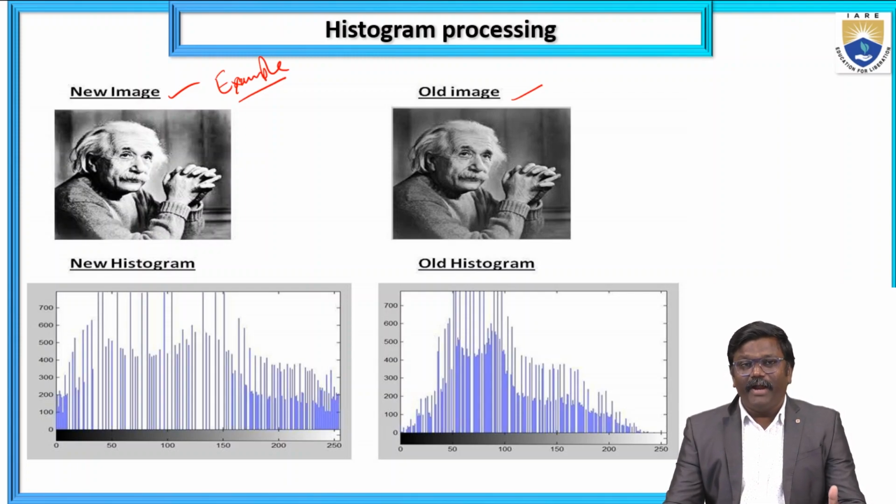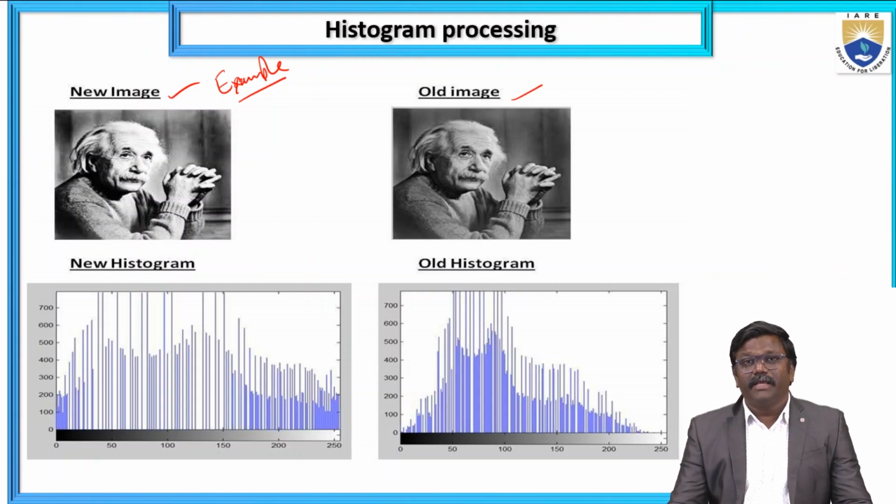In the new image, we are looking at the equalization of the intensity values which vary in that image. We are also considering the old image, with the help of a histogram method that we call old histogram processing.